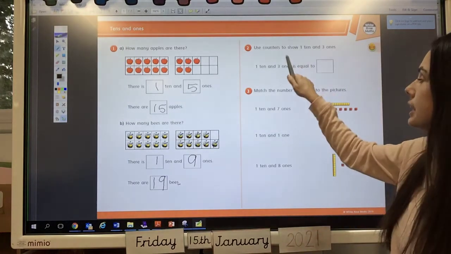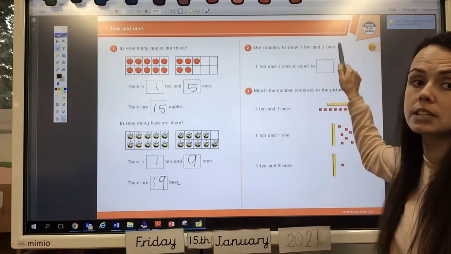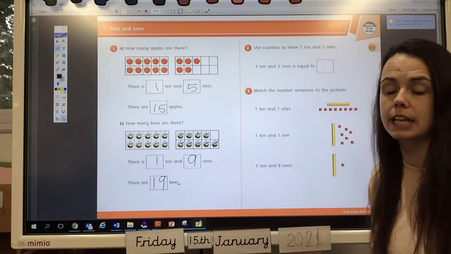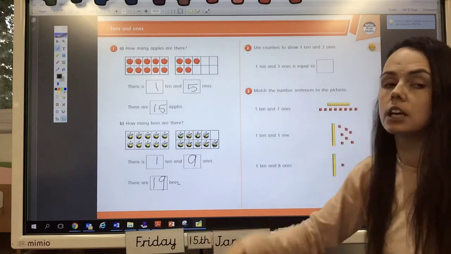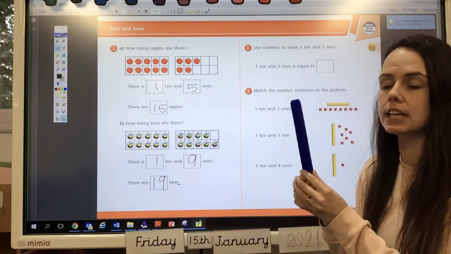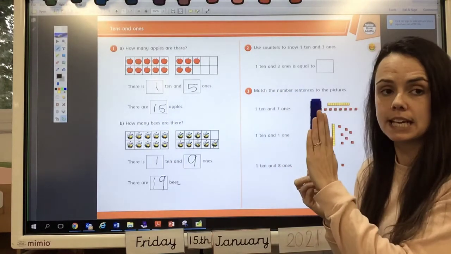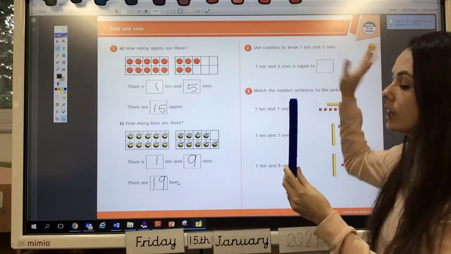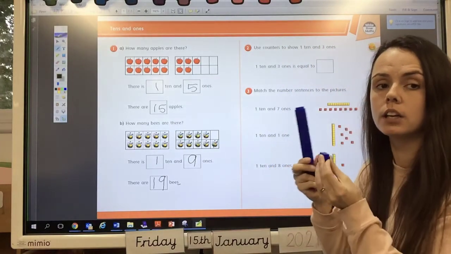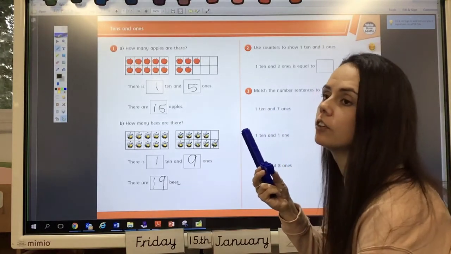Now up here it's asking us to use counters to show 1 ten and 3 ones. I haven't got any counters with me today, but I have got cubes. So I need 1 ten. So I've got 1 ten stick, and what I've done is I've put all of my blue ones together to make a 10 stick. 1 ten stick and show 3 ones. So 1, 2 and 3.